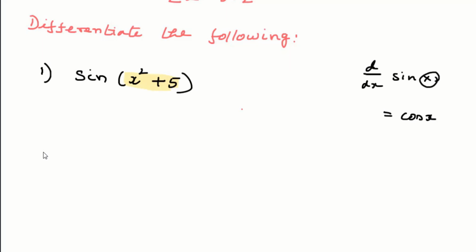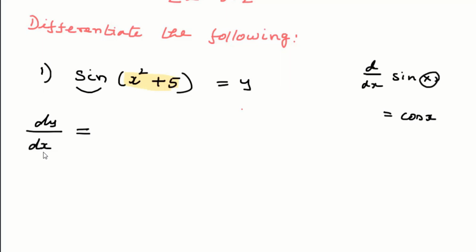So how to differentiate? Let me take this as y. Then differential of this is dy by dx or y dash or y1, however you can write it. Now we will consider only this sine.